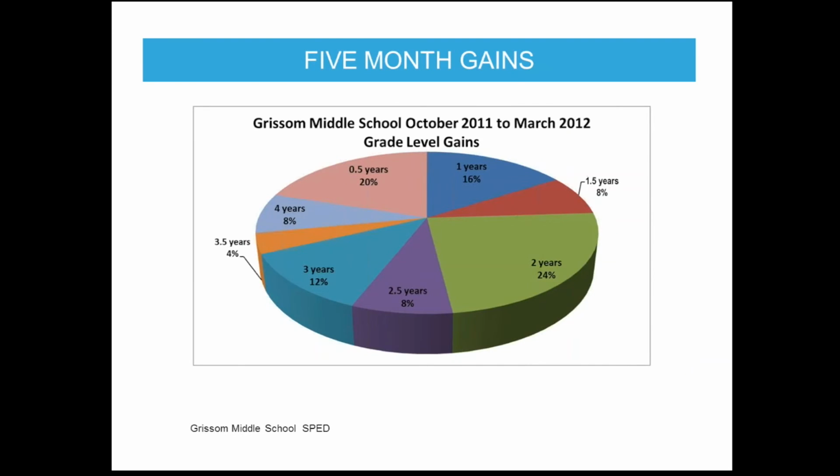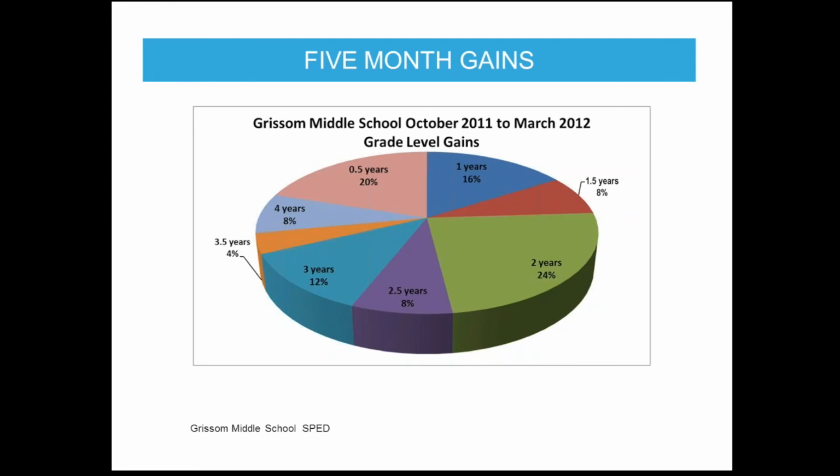In Indiana, we had a middle school using Ascend between October of 2011 to March of 2012, about 5 months. And as you can see, about 66% or 64%, I should say, of the kids using it in the special education classes enjoyed at least a 1.5 to 2 grade level gain.